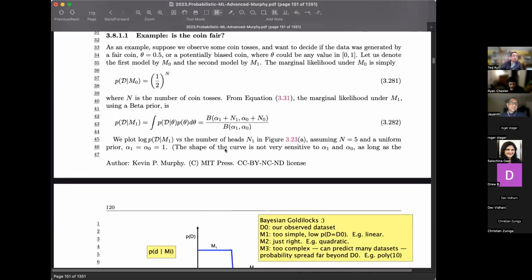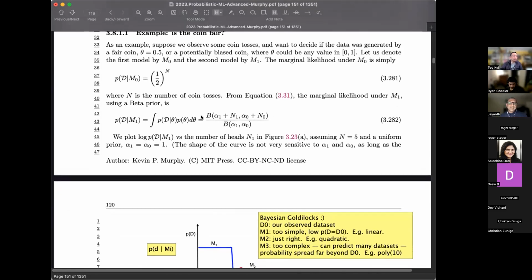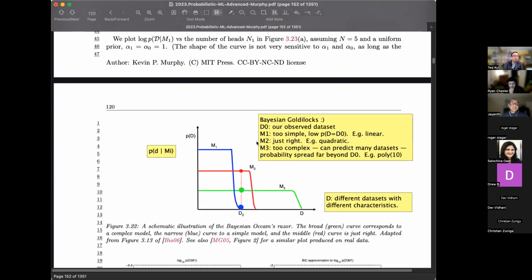That's easy. For this one, if you assume a beta prior, which I think we've seen before, we have the prior alpha 1, alpha 0, and if we observe n1 heads and n0 tails, it shifts this way. And so we want to compare these two.